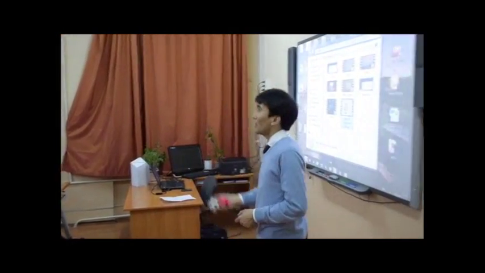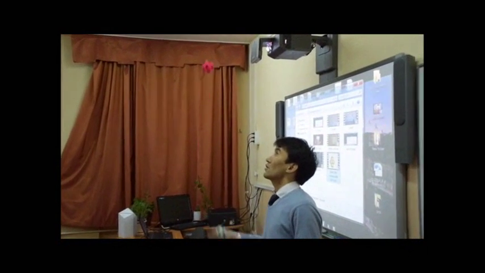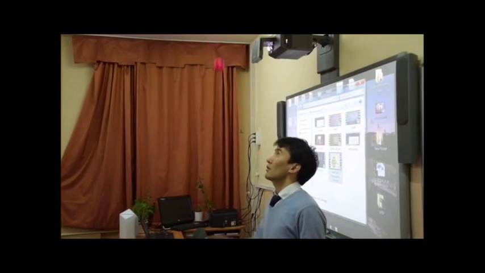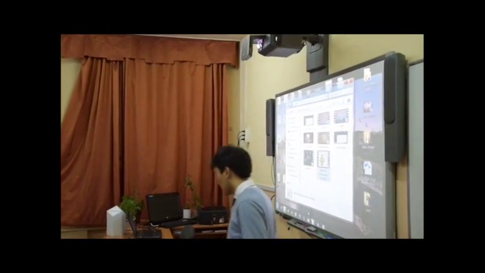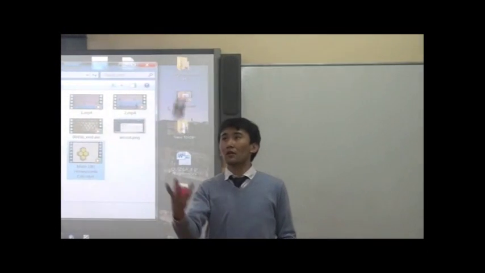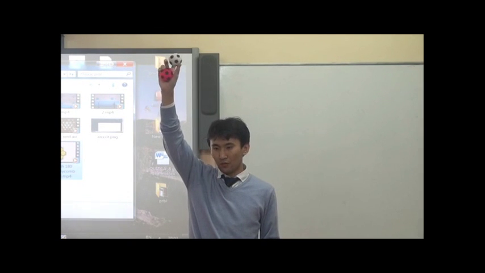Okay, now let's juggle. I just see here these 2 balls. When I throw them up, gravity is pulling those 2 balls, and at some point, their velocity will equal 0. At which point? At the highest point, the maximum point.